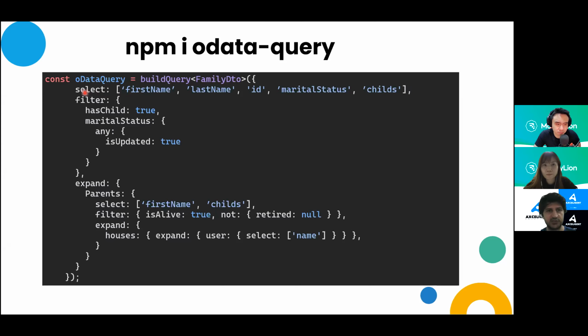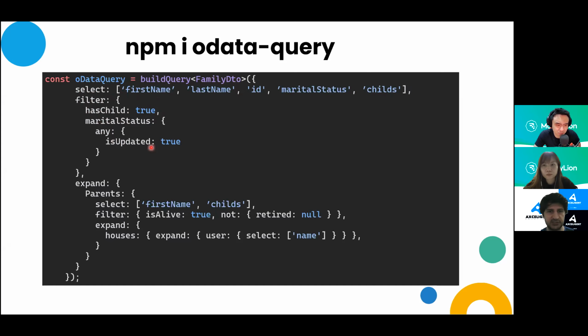After here, for example, you say select. In select, I give you first name and child, and all of these things are validated by TypeScript for you, and you will see IntelliSense. And after that, for example, you can filter, and you say, give me any family. I want this field from the family, and I want to find the family that has a child, and the marital status.